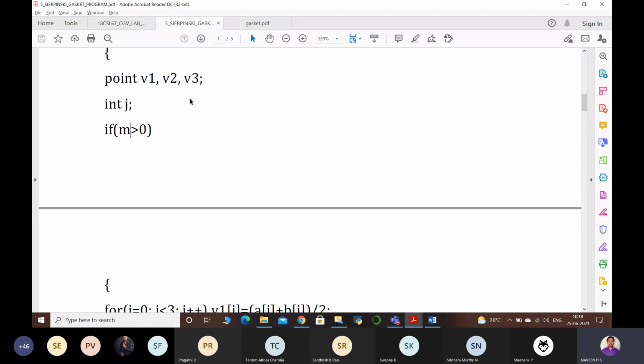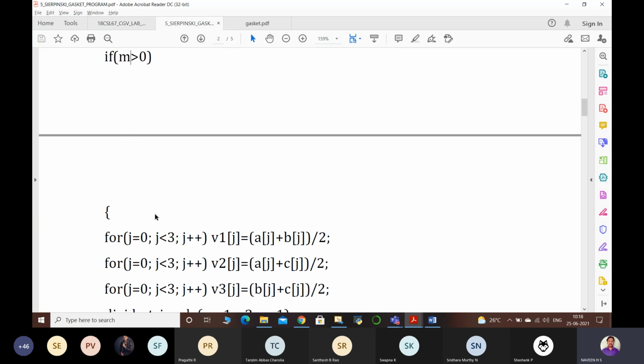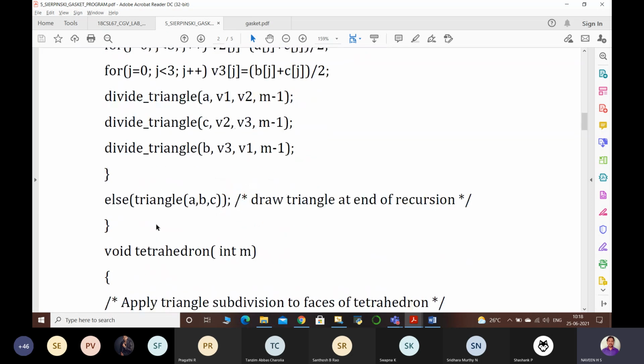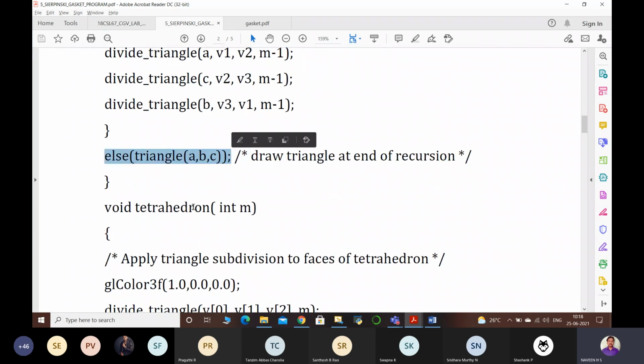Using those vertices, I'm going to project my object on the screen. If there is a concept of midpoint, that is, if this condition is true, then we are going to enter into the for loop. If this condition fails, meaning the m value is not greater than 0, then what will happen? This part. Are you able to see this line? The else part.